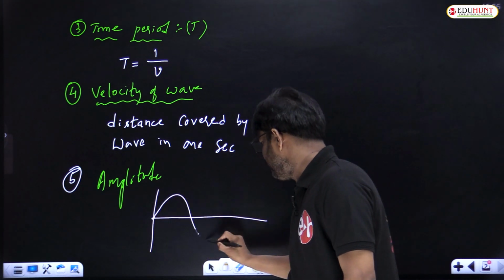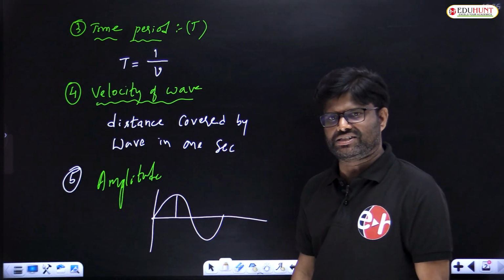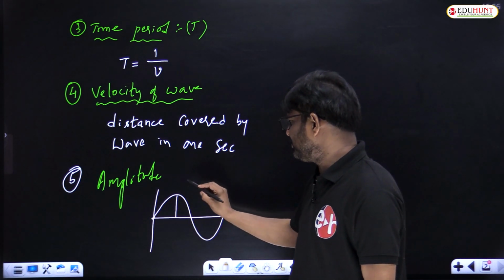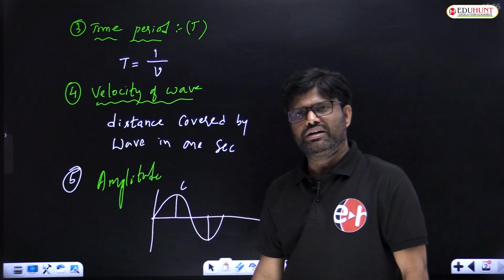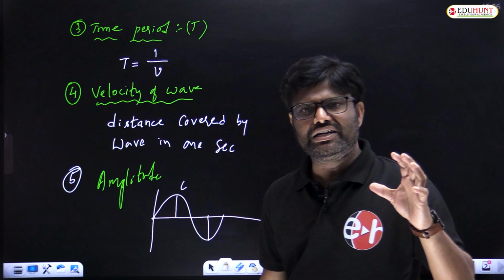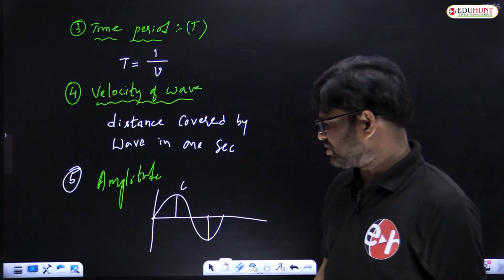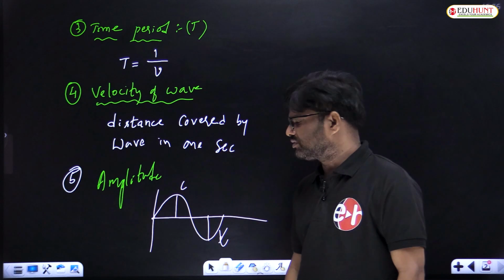If you see the wave, this is the height of the crest, or the depth of the trough. That is called as amplitude.